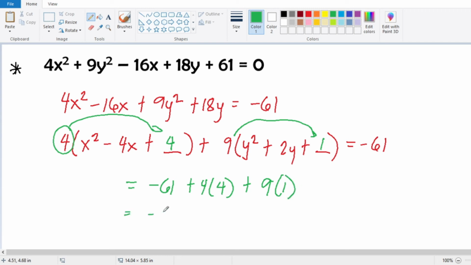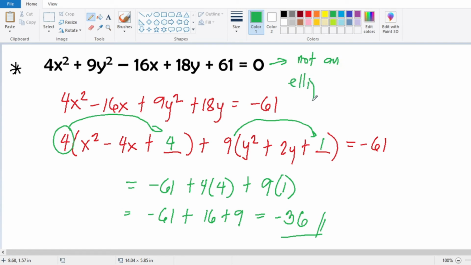And you have there negative 61 plus 16 plus 9 is equal to negative 36. But with this, ang ibig sabihin yan, negative number siya. So, this one is not an ellipse, but an empty set.